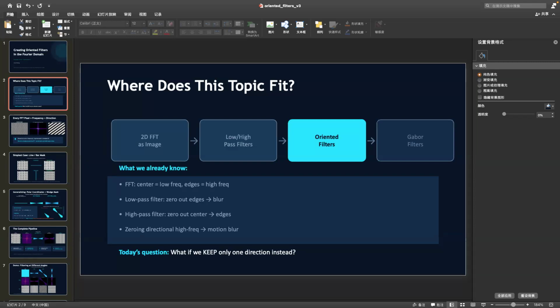And if we zero out the center, it gives you a very dark image because we only have the information of edges, so we don't have the average brightness. Today, I want to add a new dimension. Instead of filtering by frequency, we filter by direction. And this leads naturally into Gabor filters, which you will see later in this course.